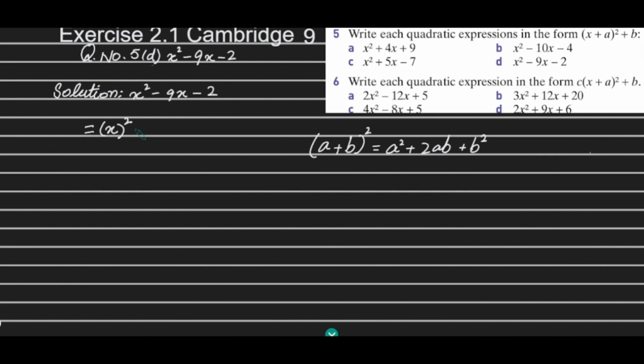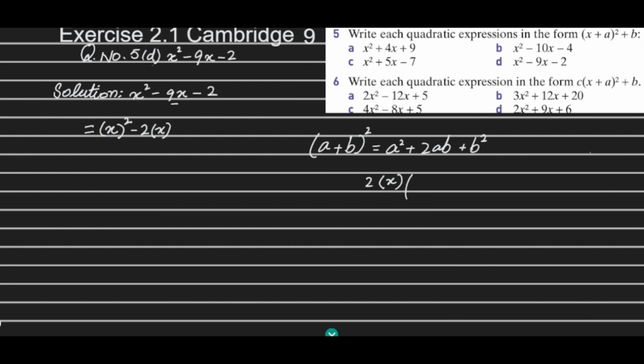Now, minus 2, here a is x, so we write 2x. We have to multiply this term to make 9x. We see here 2x, by which term do we multiply to get 9x?